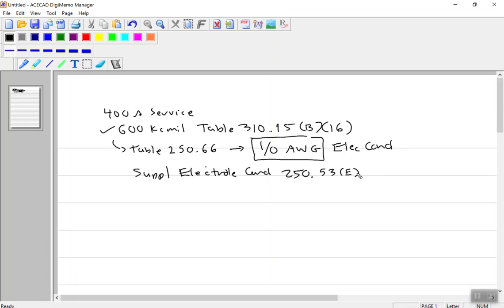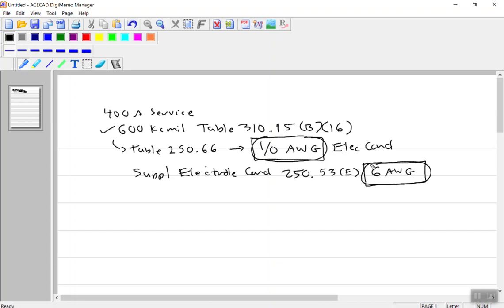And we found that it was a 6 AWG copper. So let's put that 6 AWG in our notes, put a box around it, right? And there's the 2 portions of that question. The 1 AWG for the grounding electrode conductor, and then 6 AWG for your supplemental electrode conductor. That's kind of a 2-part question.